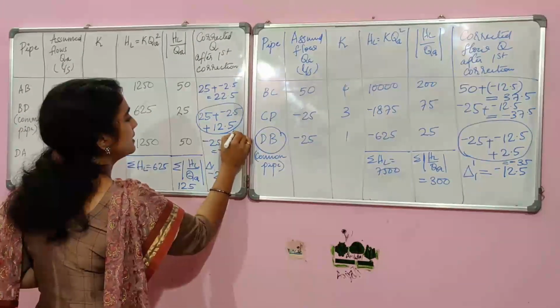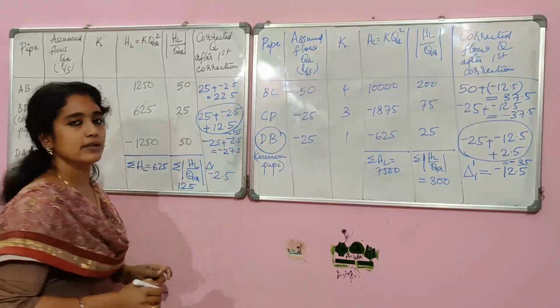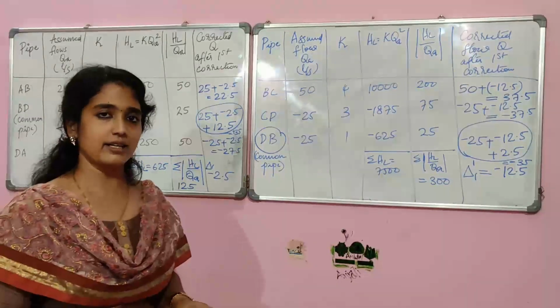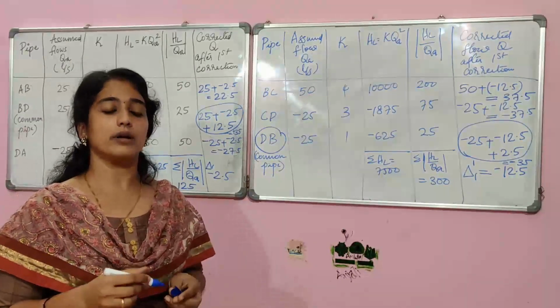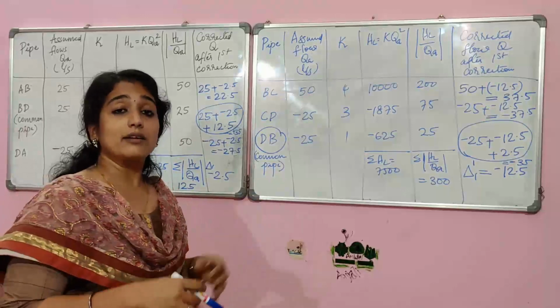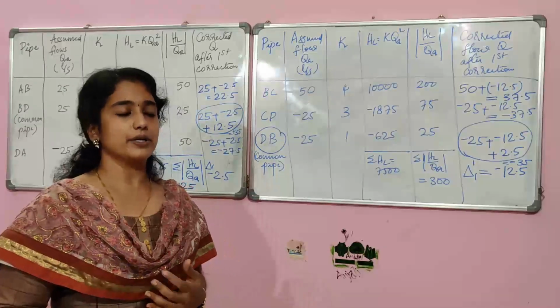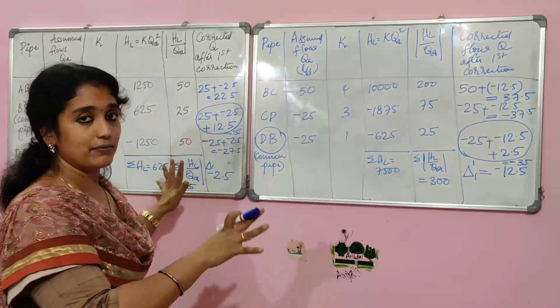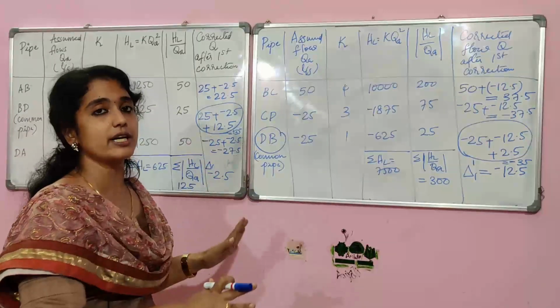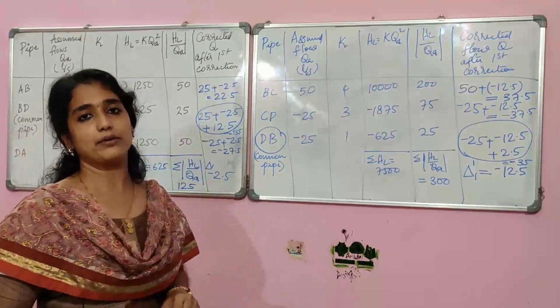This is a check, that is whether all the calculations are correct or not. This is the first iteration, first correction for the pipe network.